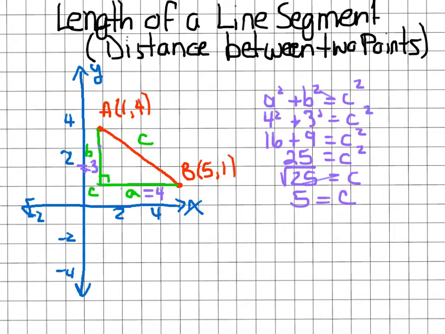Now, this process works really well when we are dealing with points that are relatively close or can easily be drawn on a coordinate grid, but it doesn't always work when we have larger numbers or points that are farther apart. So what I'd like to do is to start generalizing some of the information that we have here on our example.